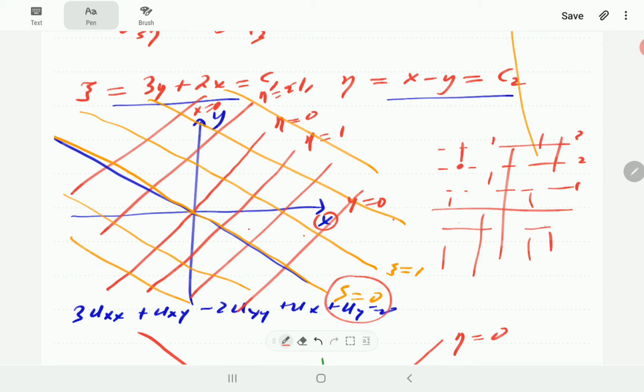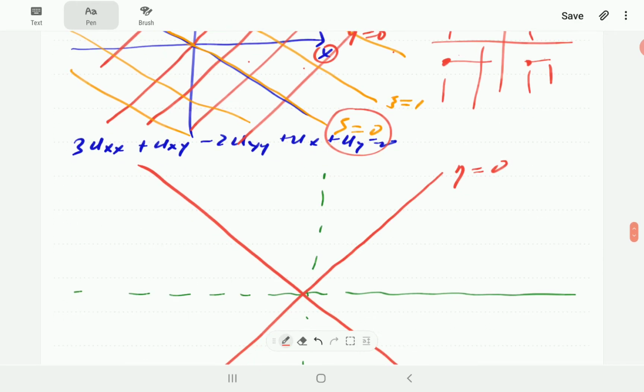And then each line, or rather each point, is identified by specifying the corner of a unique rectangle.